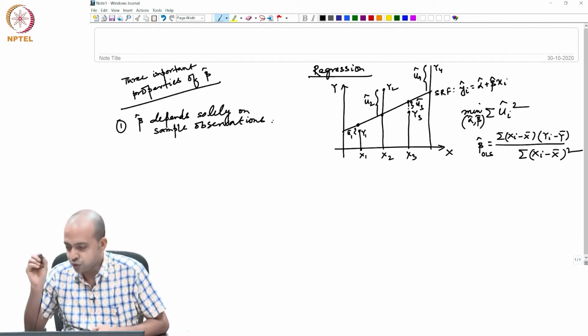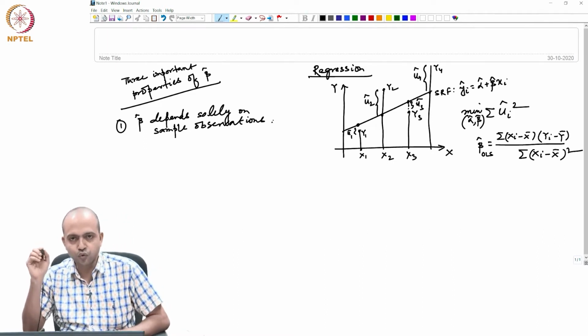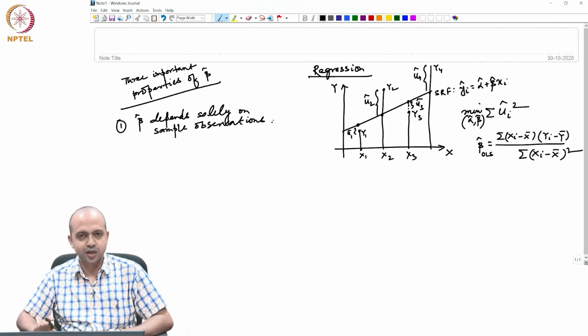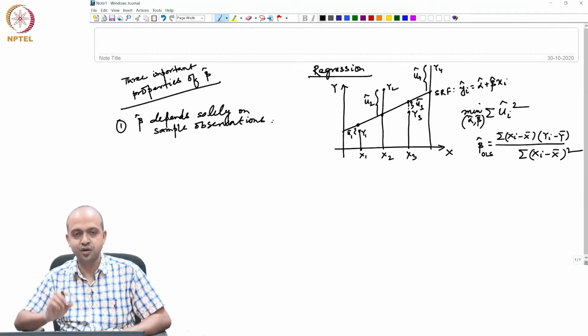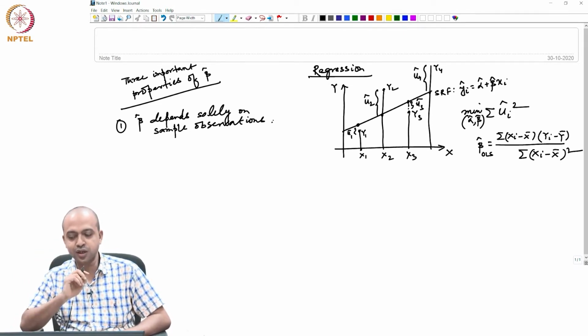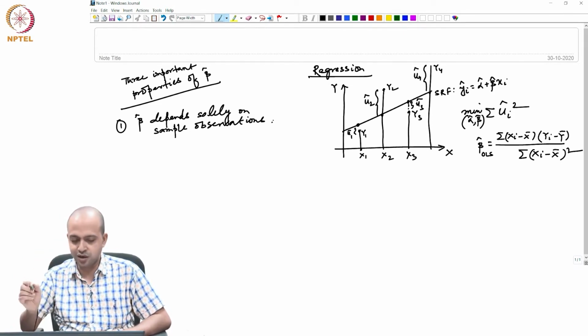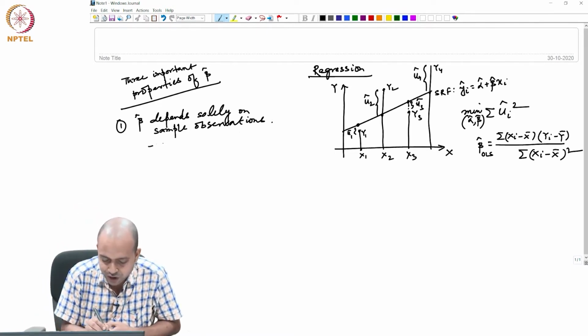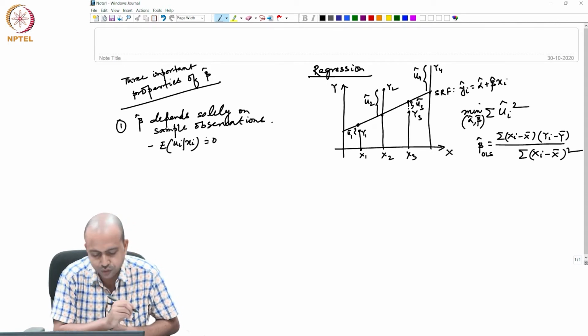That means, if you have data on x i and data on y i, then without knowing anything else you can actually estimate your beta, because this is the beta hat formula. Only one assumption what we are making here, that what is required is expectation of u i given x i equals 0.